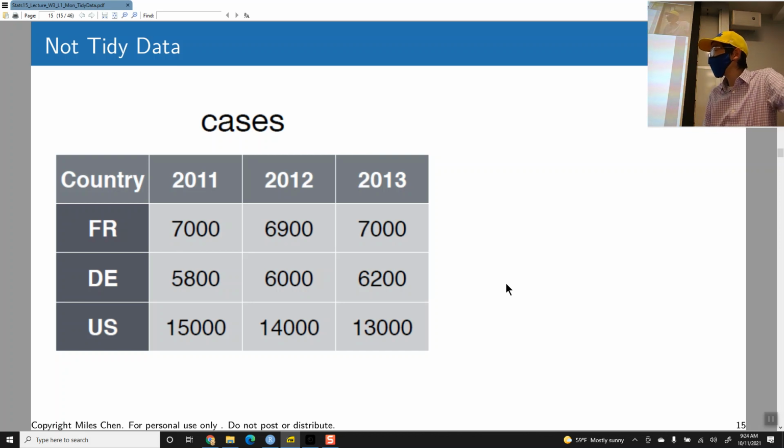I think these are fictional numbers, cases of a disease within a country during a certain year. DE represents Germany, for Deutschland, not Denmark. So you have France, Germany, and the United States, with the number of cases of some disease in 2011, 2012, and 2013. What would you say the different variables are that we have here?